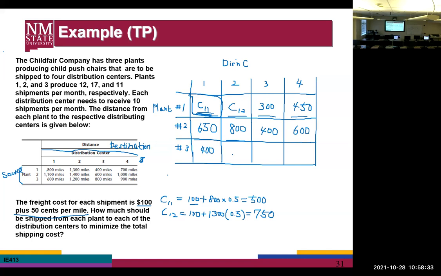So this is 100 plus 1200 times 0.5, so that's going to be 700. Next one should be 500, right?